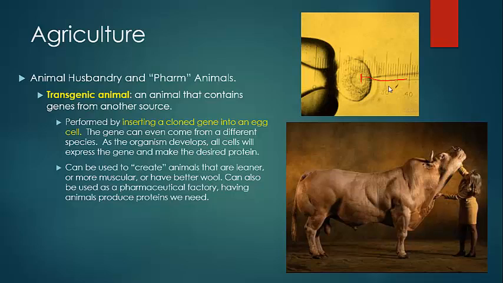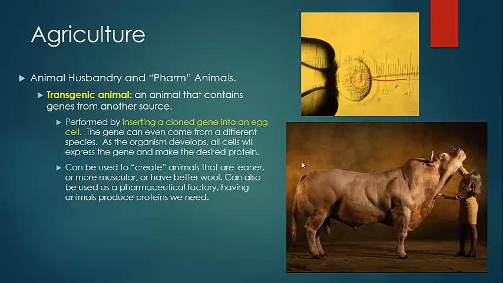Since the gene is inserted into the egg cell, as that animal grows and develops, that gene will be contained in every single cell of that animal. This is being used today to create animals that are leaner, that are more muscular, or that have better wool. Right here you see a bull that has been genetically engineered to be extremely muscular.